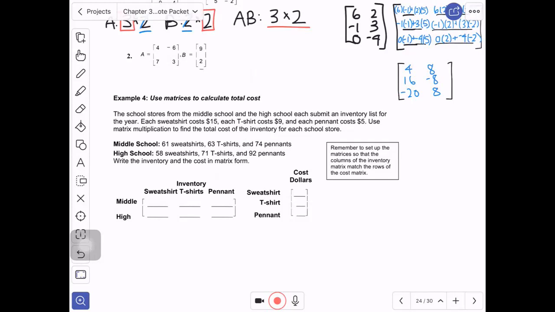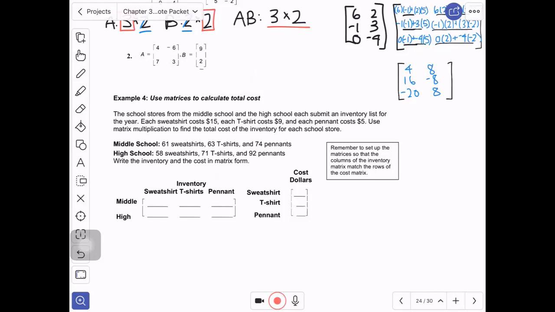Now, how do we know how to set this up? We need to make sure that what we are writing in each of our columns here lines up with how it would look in the second matrix, that your row and your column line up. Because we know we take a whole row and multiply that by a column.